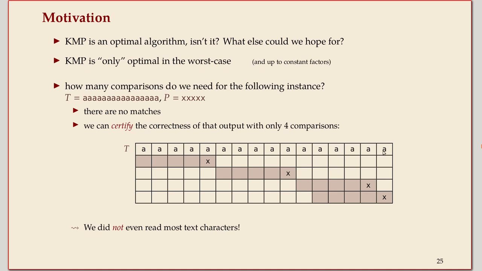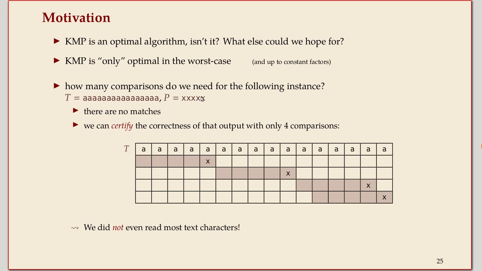It could lay down the text like this, and then it could make these 4 comparisons, and they would prove to any observer that there's no match of the pattern in the text, because any match would at least have to match at these positions.